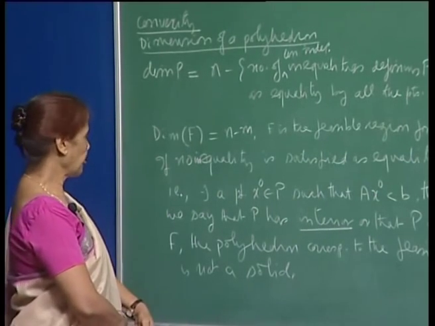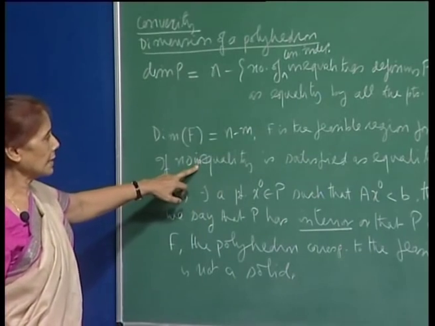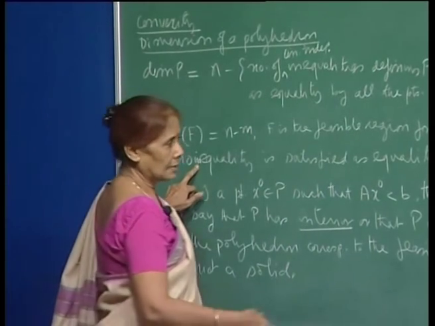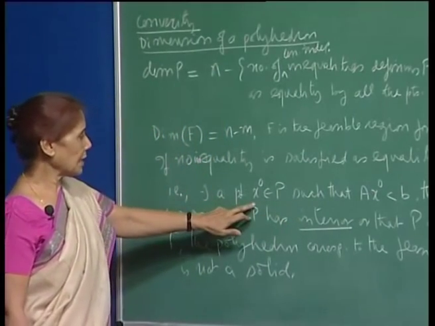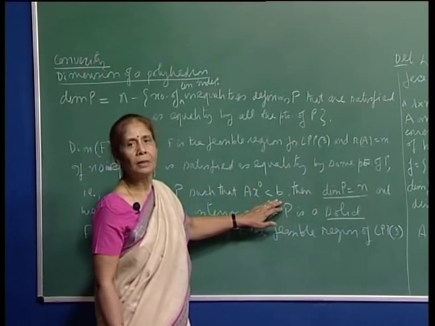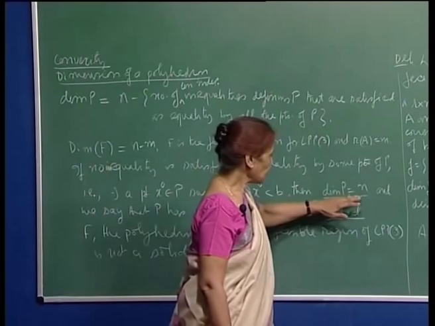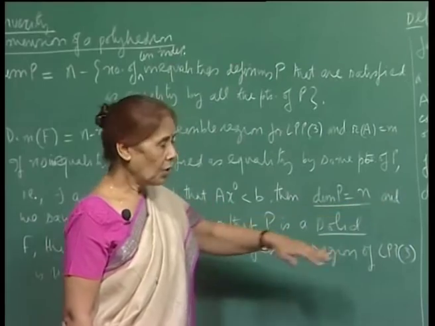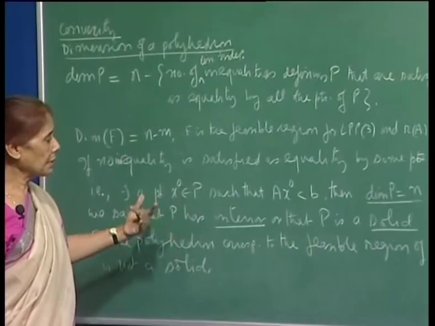Now if no inequality is satisfied as equality by all points of P, that means there exists a point x naught in P such that A x naught is strictly less than b. If at least one such point exists, then we will say that the dimension of P is n, or that P has an interior, or that P is solid.